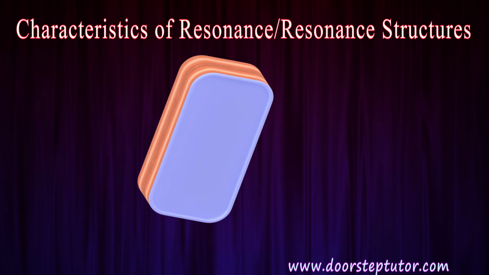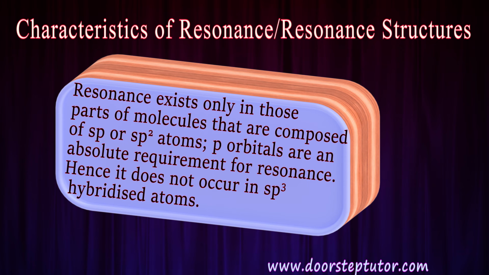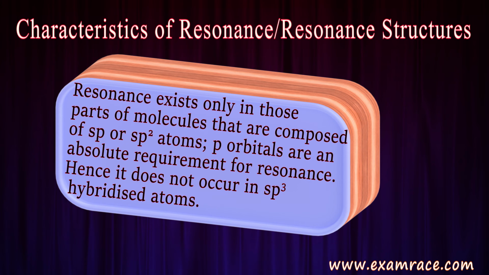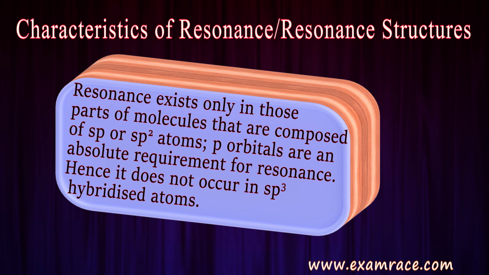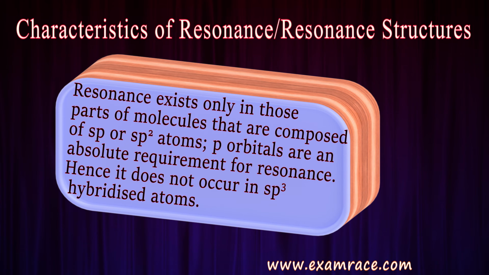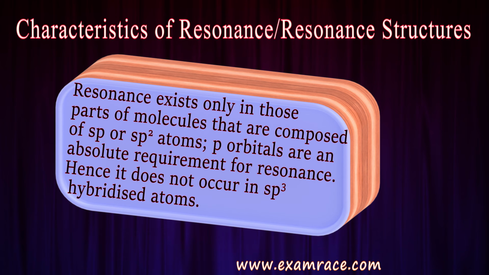The first is that resonance exists only in those parts of the molecule that are composed of sp or sp2 atoms. This is a very good point. Let's take an example of CH4. Carbon in this CH4 is an sp3 hybridized atom, so it will not show resonance because this carbon is not sp or sp2 hybridized.